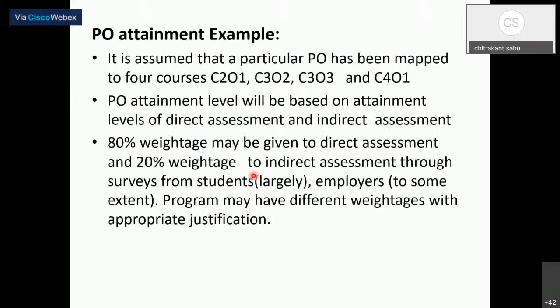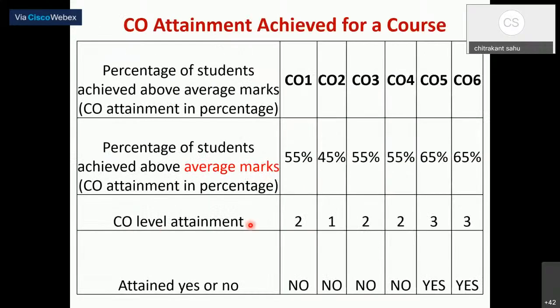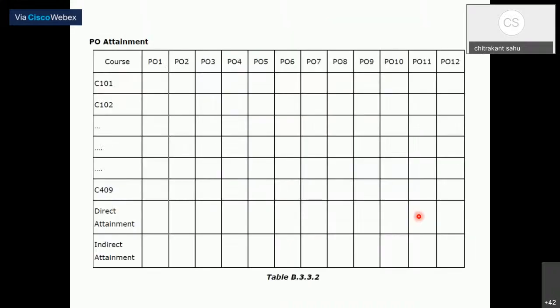We just give an example of one course. This is the CO attainment of one course, and similarly we have to do it for all the courses. This way you need to make the complete table for the attainment. That will give only the direct attainment, and indirect attainment can be calculated from the different surveys, as I told. I'll give an example of how to conduct a survey in the next slide also.